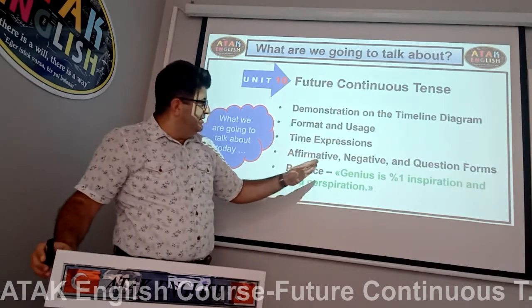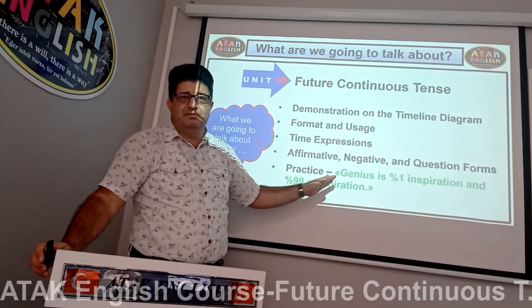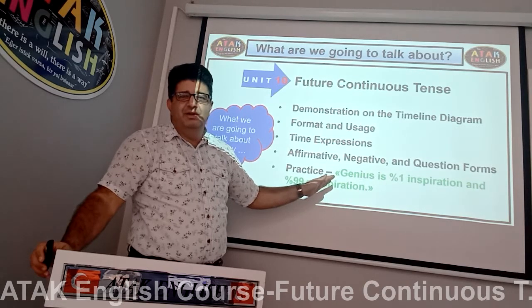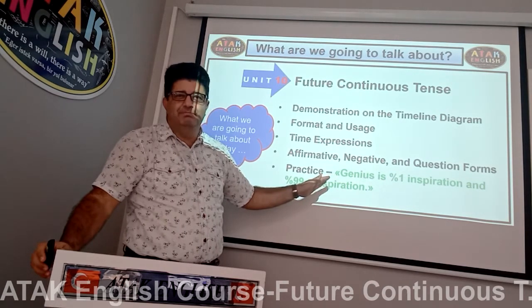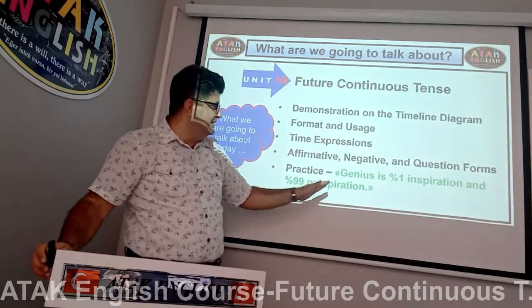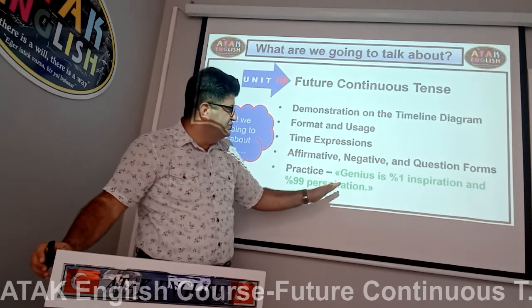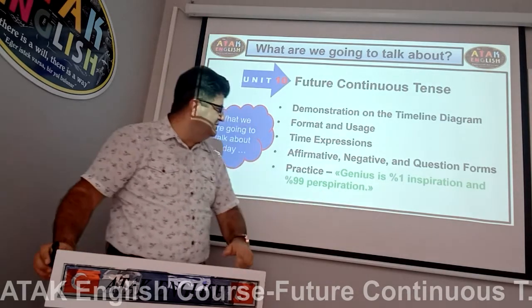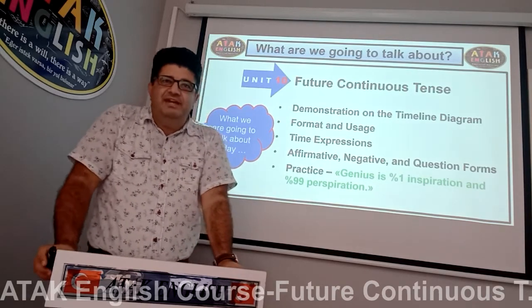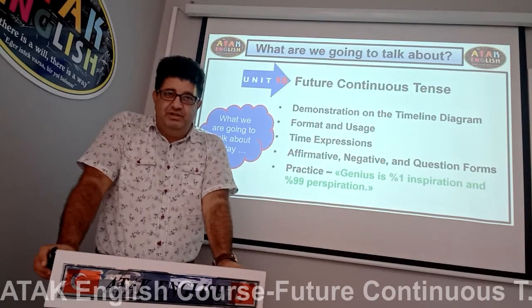In my past videos, I wanted you to check out this proverb, what it means. Let me read it for you once more. Genius is 1% inspiration and 99% perspiration.